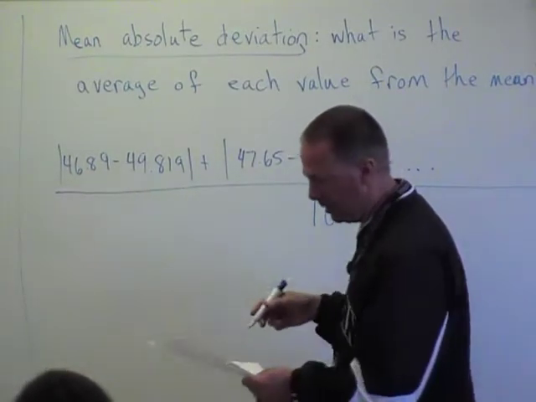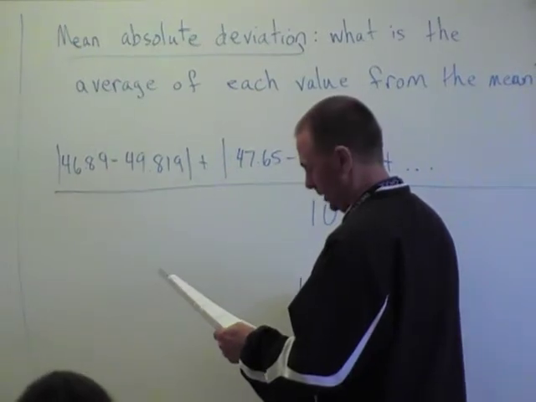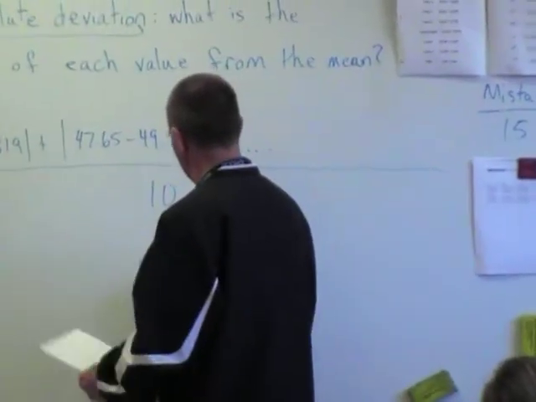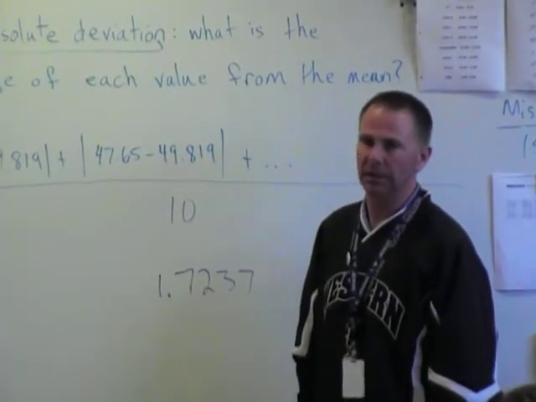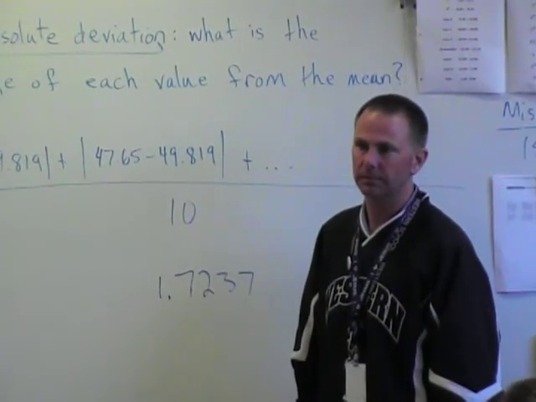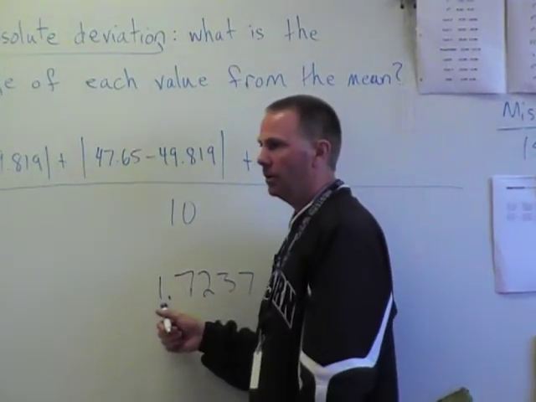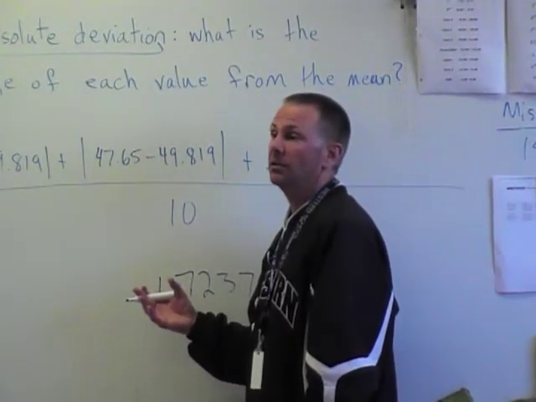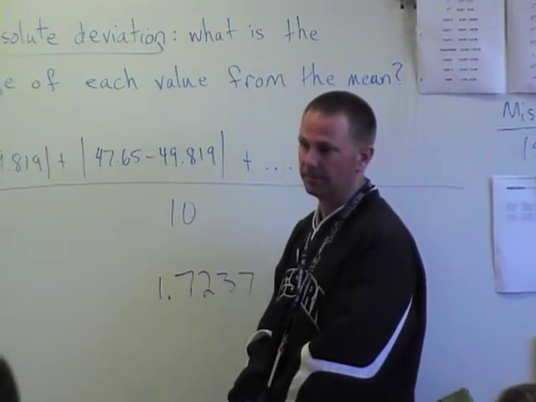When you do that, you're going to actually get 1.7237. So there's not a big deviation from the mean. That's the average amount away from the average.